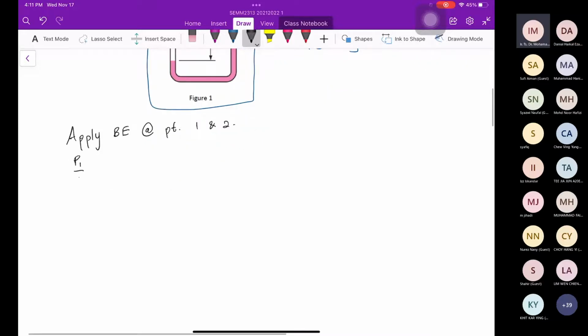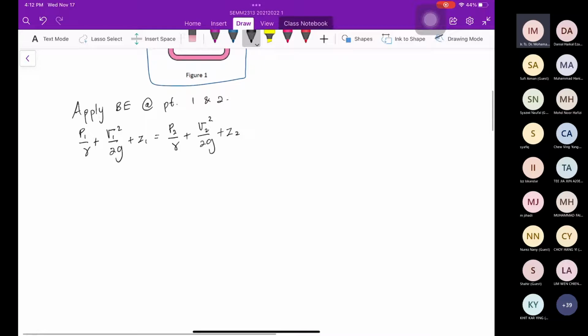P1 over gamma plus V1 squared over 2g plus Z1 equal to P2 over gamma plus V2 squared over 2g plus Z2. Remember that the Bernoulli equation only applies in the steady flow region. It cannot be applied at the boundary layer or at the wake region. Secondly, it can be applied under incompressible liquid. Alright.